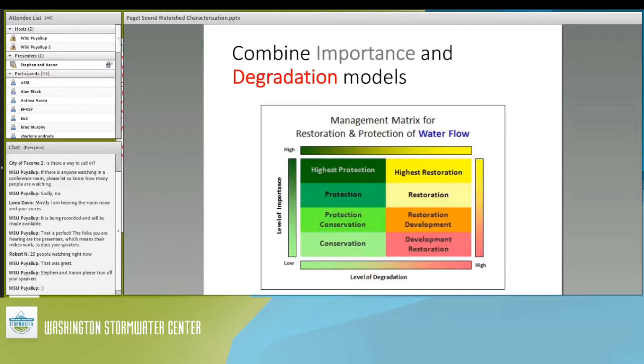Whereas if we go to the upper right, we see that we have a high level of degradation and a high level of importance. But this is an area that you'd want to put a lot of emphasis on restoration. Now, this is where this modeling effort differs. A lot of these areas will be working lands, and under existing rating systems, for example, for wetlands, these types of degraded wetlands would commonly come in as a lower category, which under critical areas ordinance would receive a lesser level of protection.